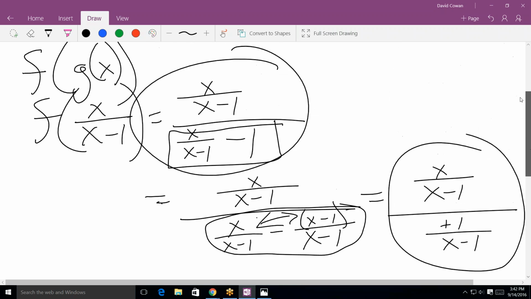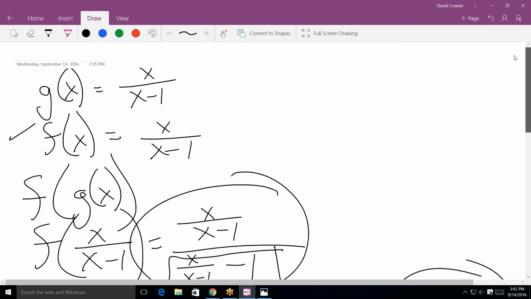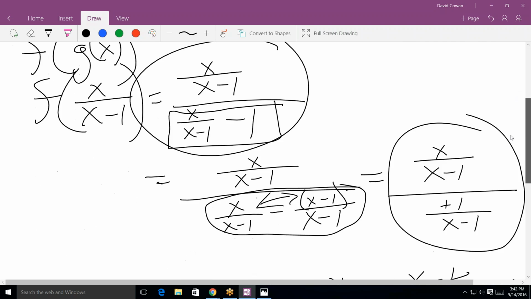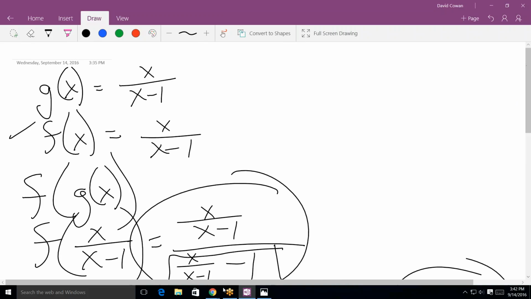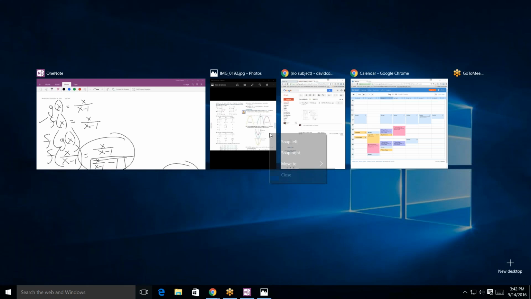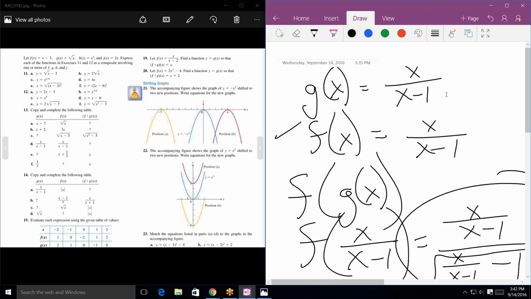So that's the answer, is x. F of g is x. And that's what they wanted for part D, f of g of x. So that's all I had to do.